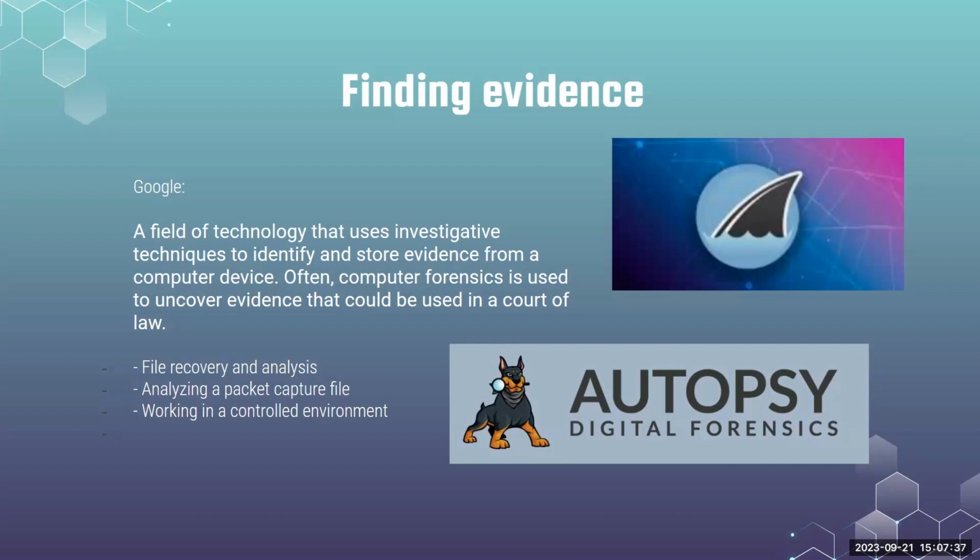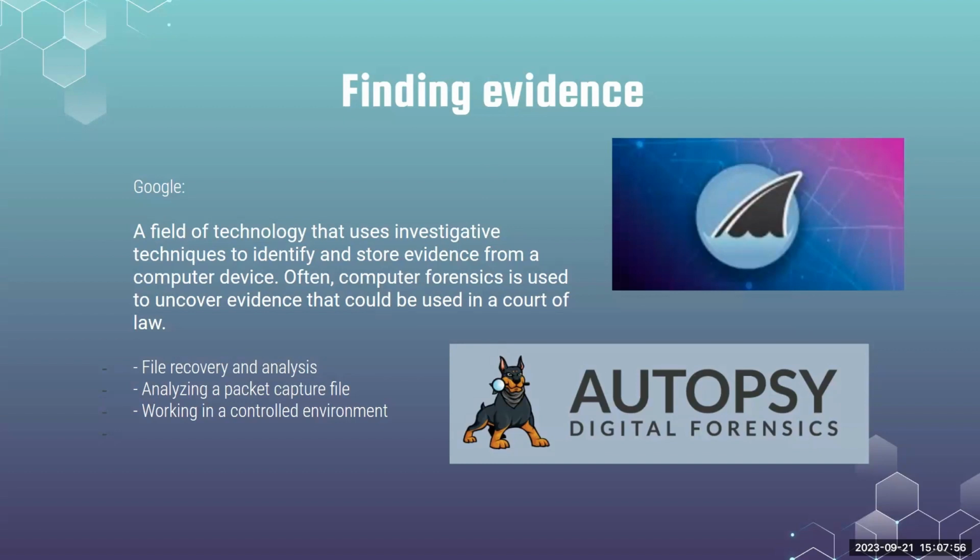Some things that should be done is working in a controlled environment. I'm going to be using my own computer only because we're going to be using challenges from a CTF. But after looking online, I've noticed they usually do it on a virtual machine so that the files won't get damaged.